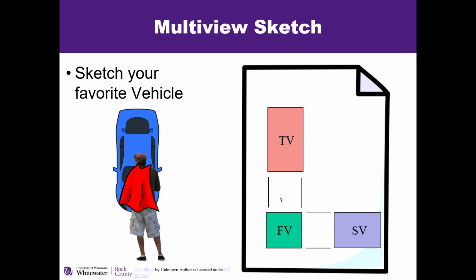So this gives us our width, this is our height, and both these views give us depth, right? So all 3 views only give us 2 dimensions each, but with the 3 views, or the multi-view drawing, we have all 3 dimensions, so we can create this object.